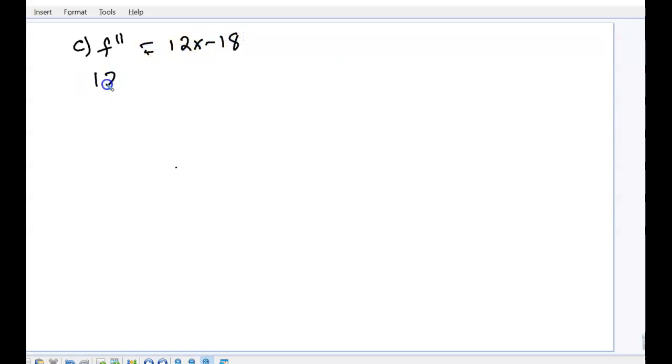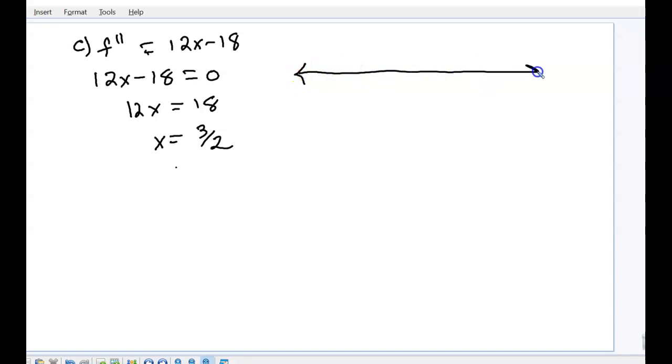And again, I'm going to set 12x minus 18 to 0. So I get 12x is equal to 18. And if I divide, I get 18 over 12, which reduces to 3 over 2. So now I'm going to use the second derivative number line test with 3 over 2. And if I plug 0 into the second derivative, which is right here, I'm going to get a negative.